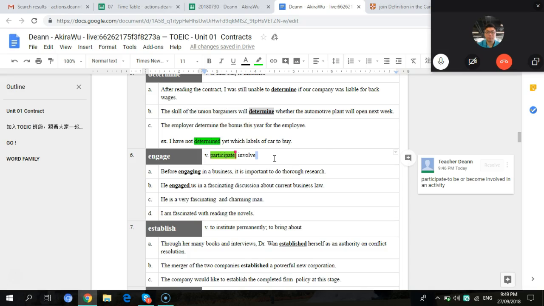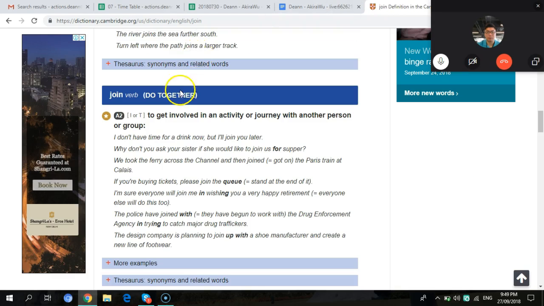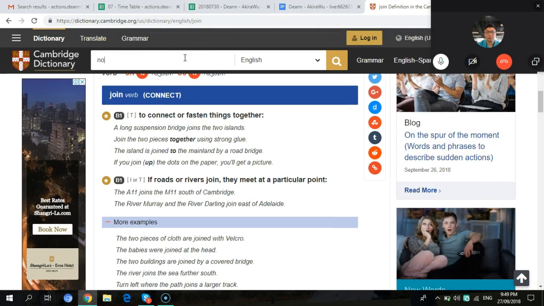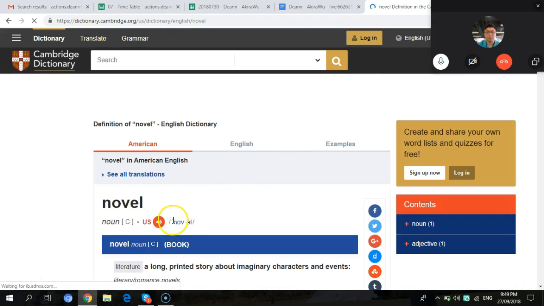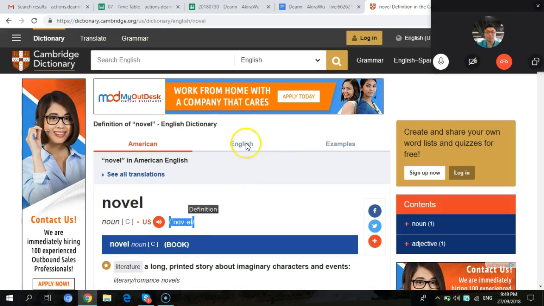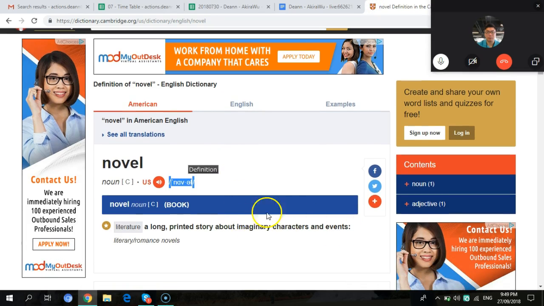Okay, so that is novels. Novels are those books about stories of people, maybe fantasy. But what do novels mean? Let me put the meaning of the word novels.